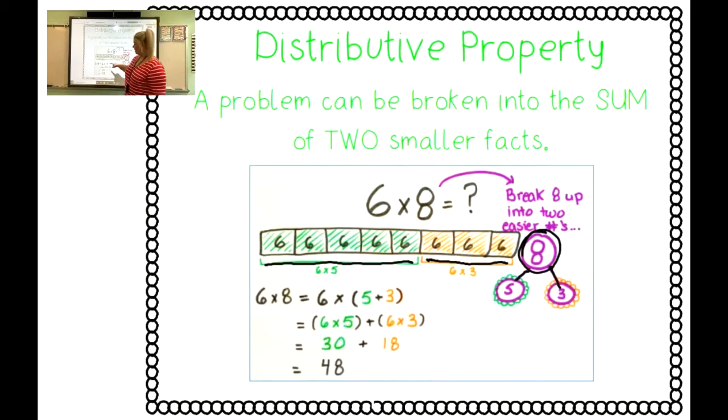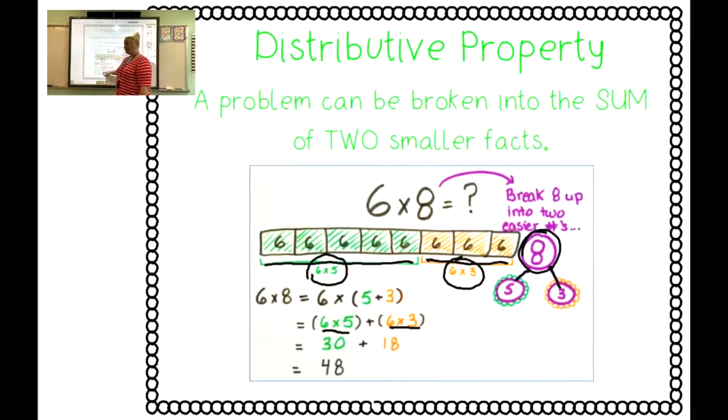So now I can take 6 times 5 and 6 times 3. And so what I do is I distribute that 6 out into my two smaller numbers.